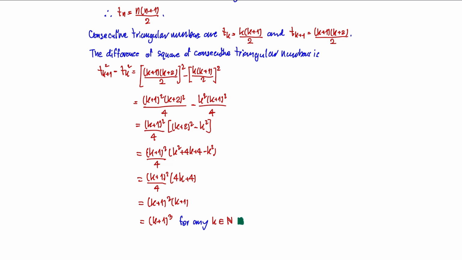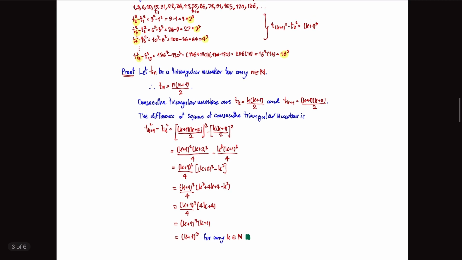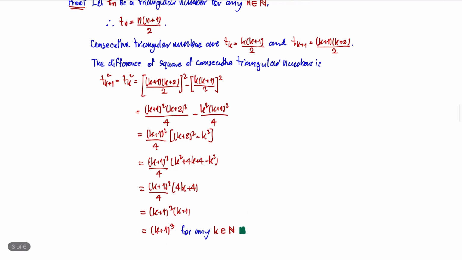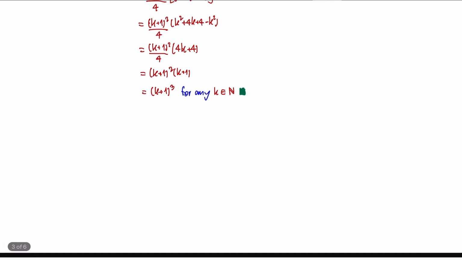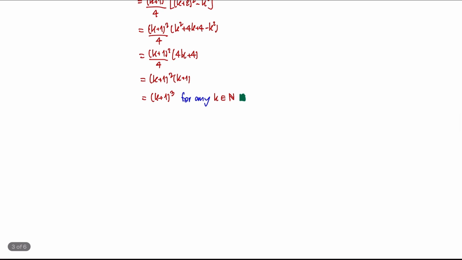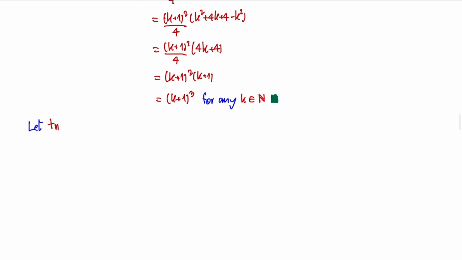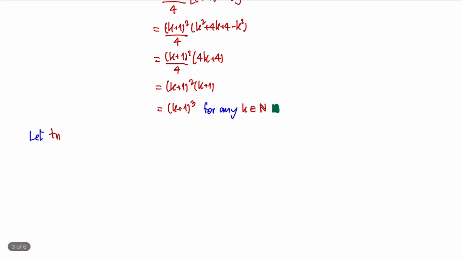All right. So let's go to the next one. Shall I give you an example? So take a look at an example. I will let T of n be a triangular number.